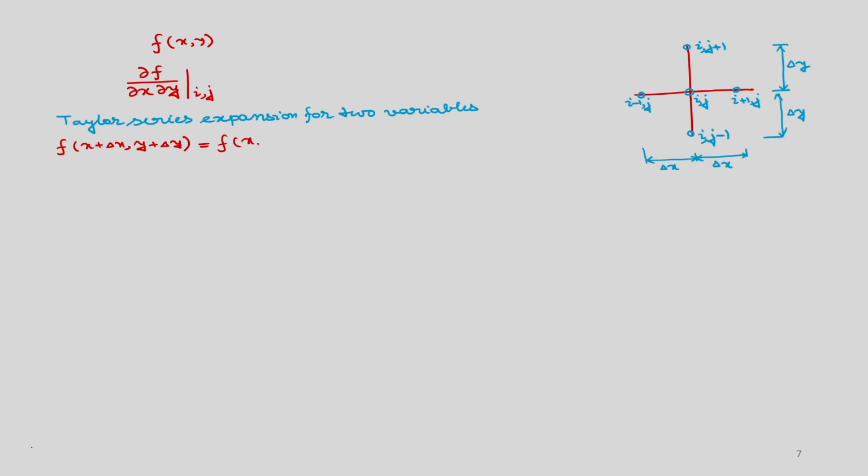So, it will be f x y plus (delta x del by del x plus delta y del by del y) f x y plus 1 by factorial 2 (delta x del by del x plus delta y del by del y) whole square f x y and so on.